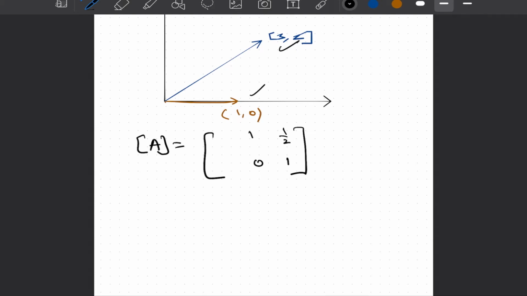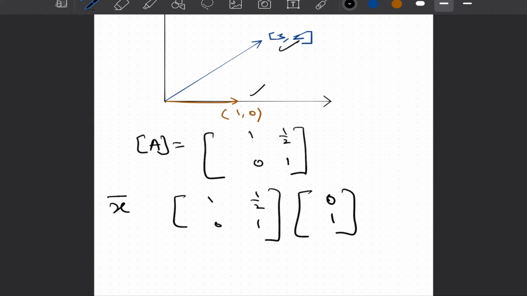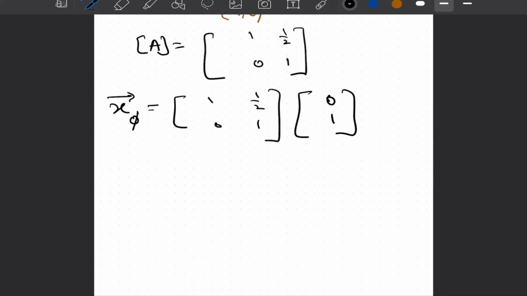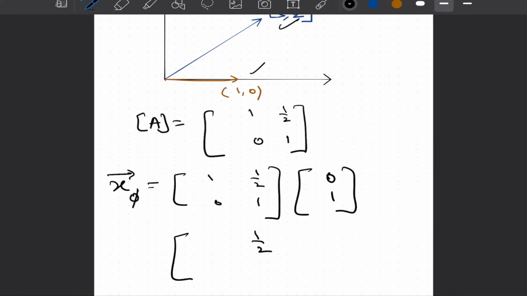Now, if you multiply 1, 1 by 2, 0, 1 by this brown vector that we have written, 1, 0, the resultant vector after transformation comes out to be 1 by 2 and 0.